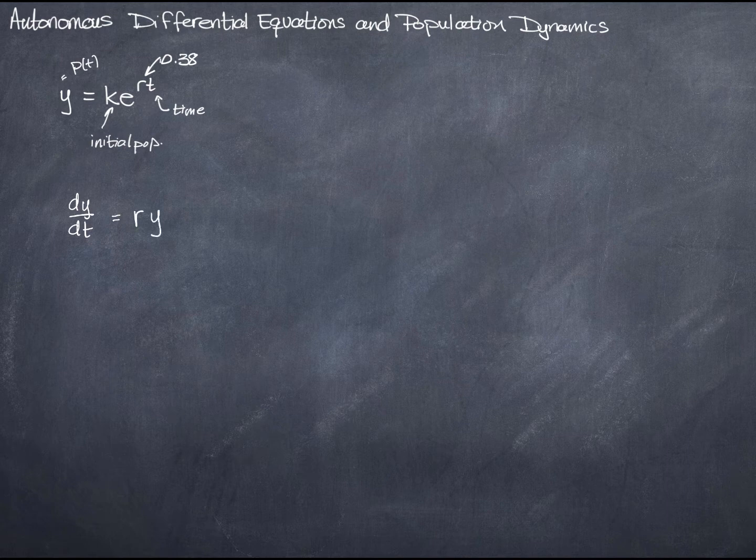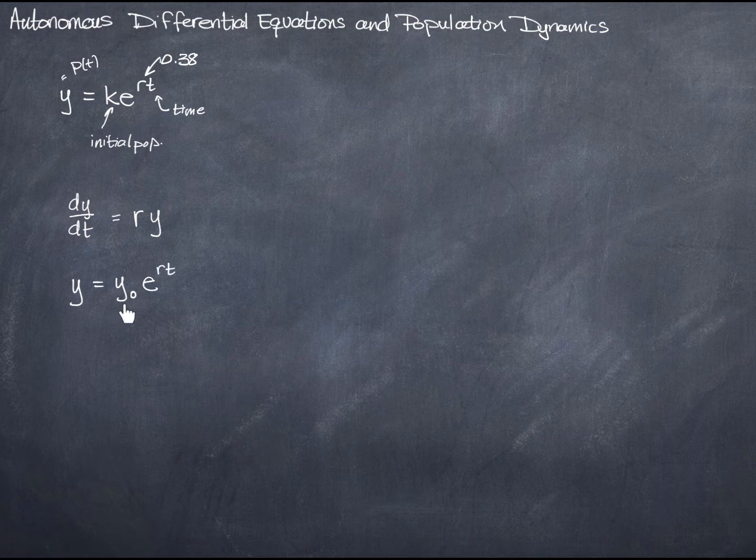And this is how we express changes in population. When we solve this differential equation, we're going to get the solution y equals some y naught value times e to the rt.